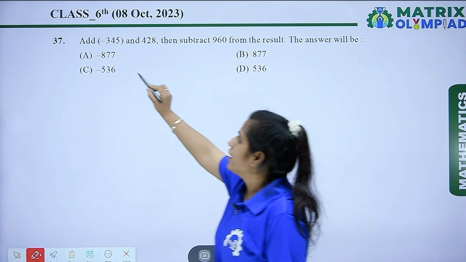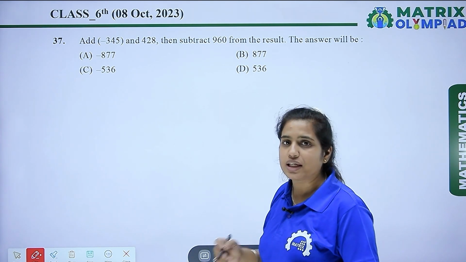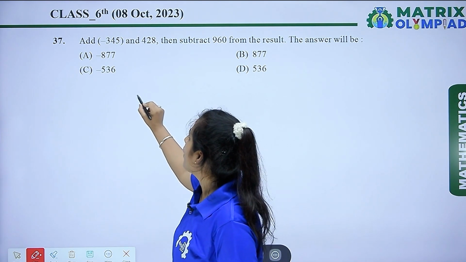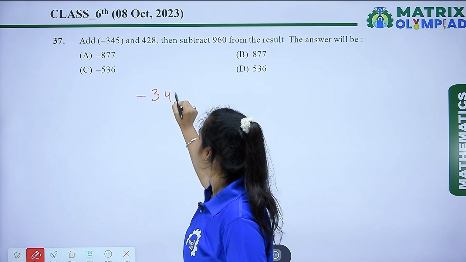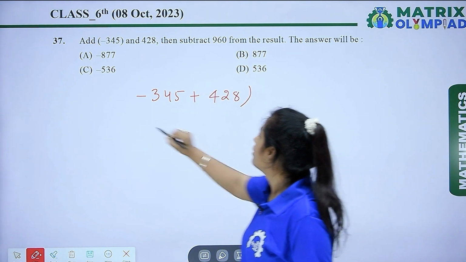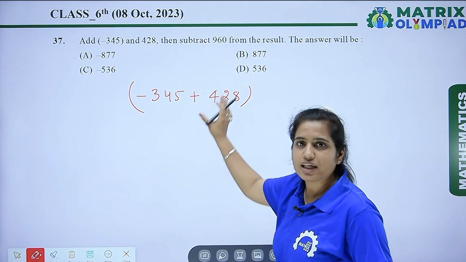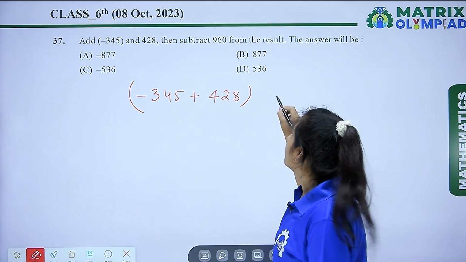37 क्वेश्चन के अंदर बोला है add -345 and 428. हमें क्या करना है? We have to add -345 and 428. Then subtract 960 from the result. और जो भी इसका रिजल्ट आएगा उससे हमें क्या माइनस करना है? 960.